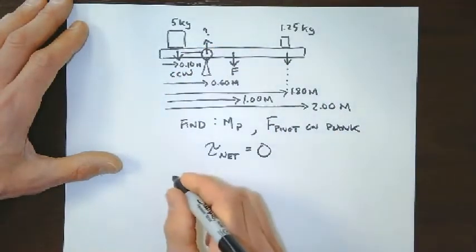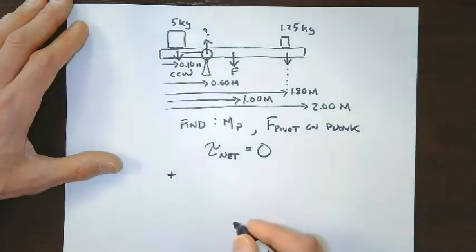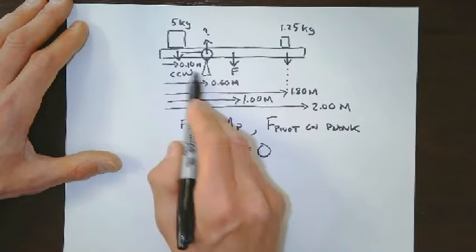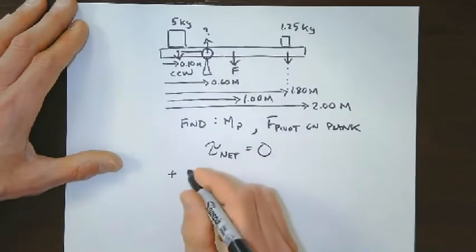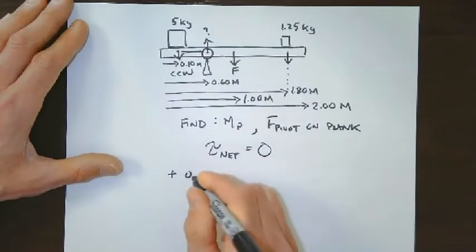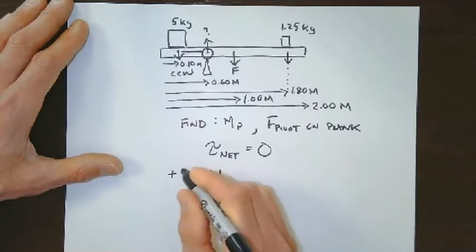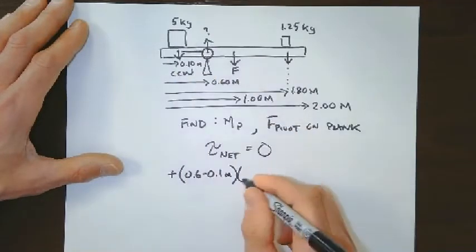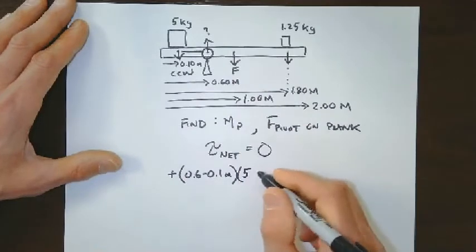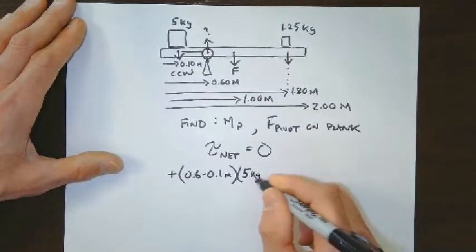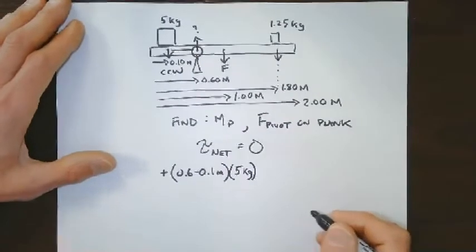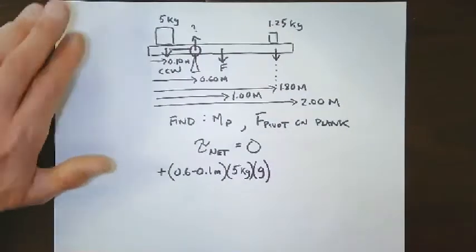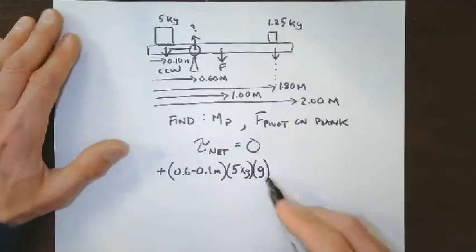So that will be a positive torque, and the lever arm would be 0.6 minus 0.1, so 0.6 minus 0.1 meters times 5 kg. And then if you want, you could also multiply that by gravity, 9.8. That's not going to be needed here, but we'll just put it there anyway.